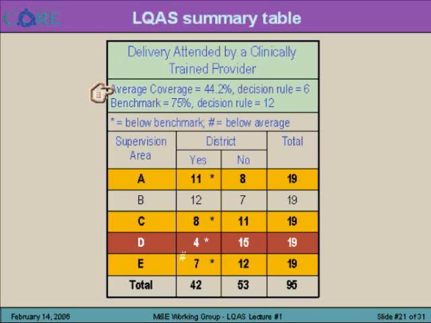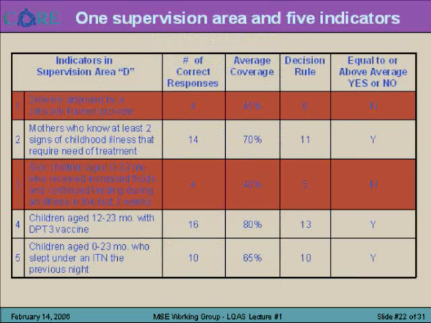Rather, we relied on the coverage for the entire catchment area, either the average coverage or the benchmark, in order to identify a decision rule, which helped us identify which supervision areas are above or below the average coverage and which ones are above or below the benchmark.